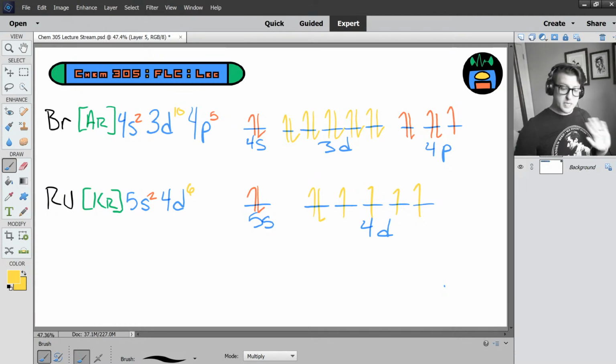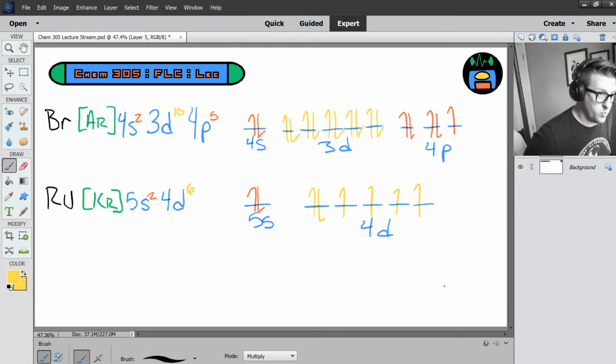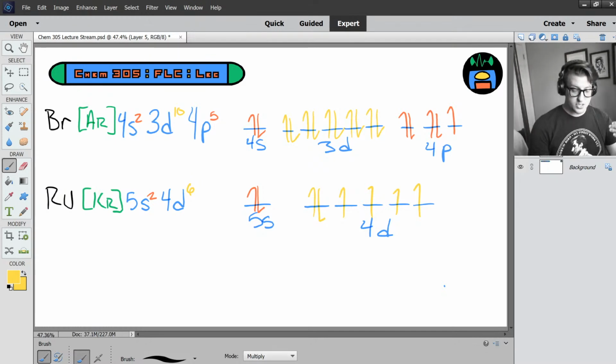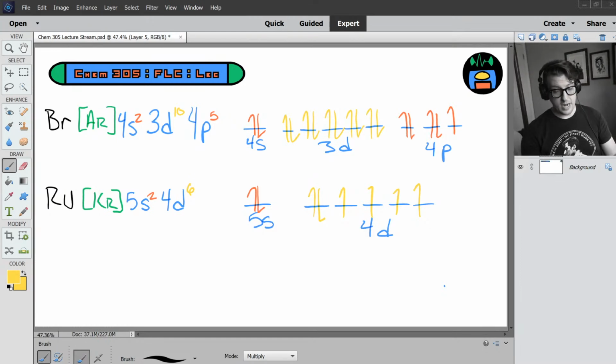So we don't really say spin up or spin down because you could draw them with the spin down and it would be just as valid. But what is important is that they have unpaired electrons, and so that makes them radical elements. So that would be the important thing to focus on, that there's unpaired electrons more than the direction, if that makes sense.